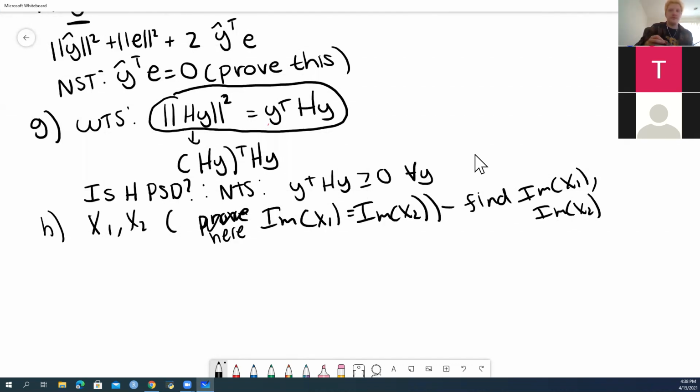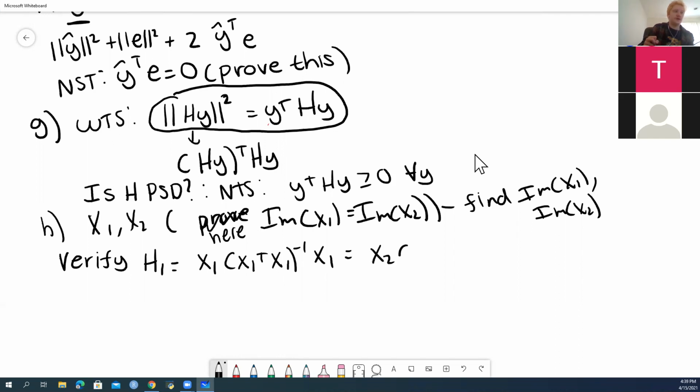The next thing they want you to do is verify that H1, which is defined as x1 times x1 transpose x1 inverse times x1 transpose, is equal to H2, which is x2 times x2 transpose x2 inverse times x2 transpose.